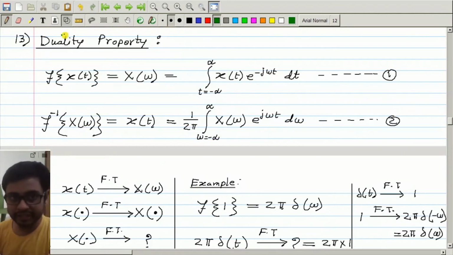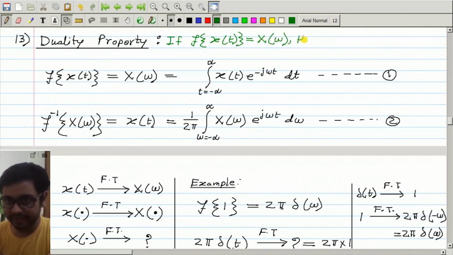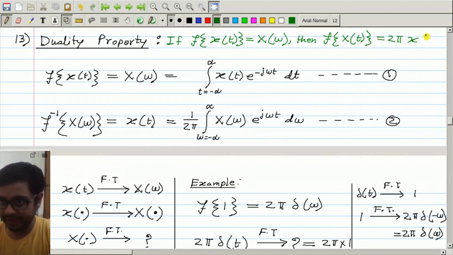So according to this duality property, if the Fourier transform of small x(t) is capital X(omega), then the Fourier transform of capital X(t) is equal to 2 pi small x(minus omega).